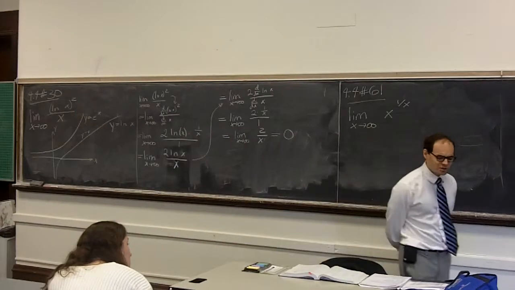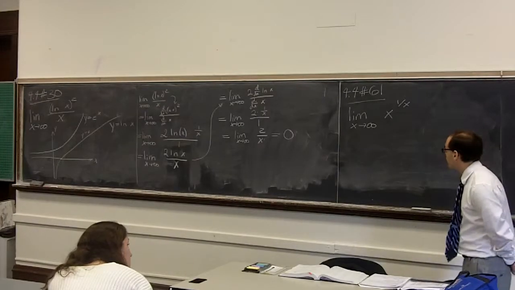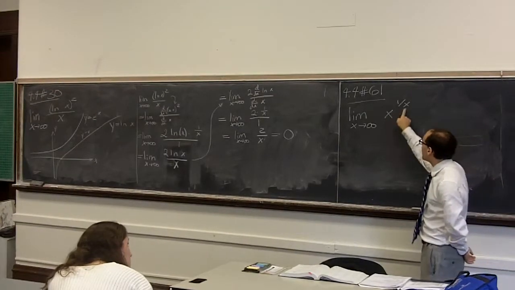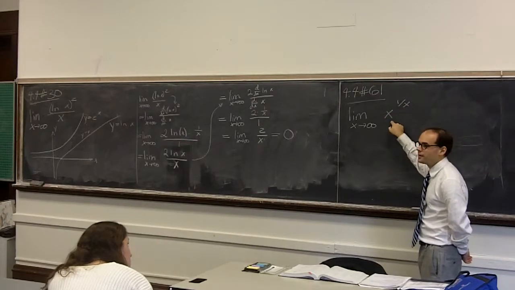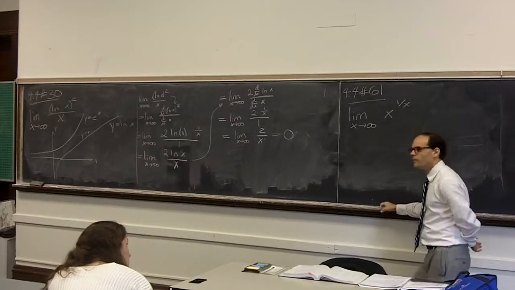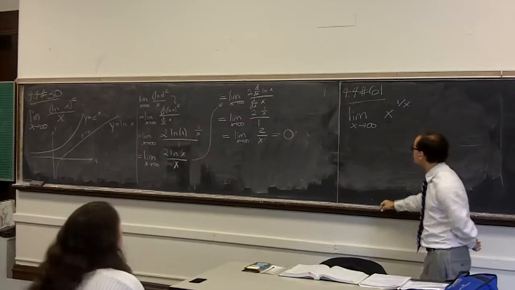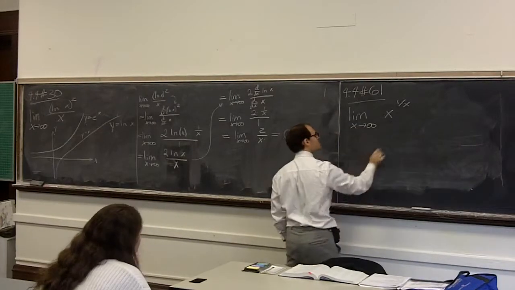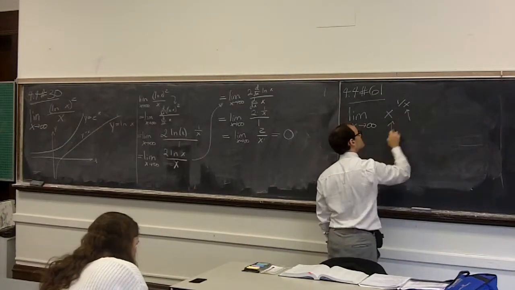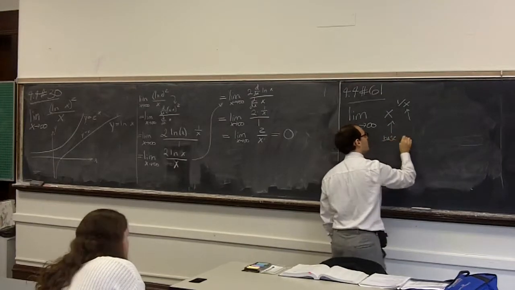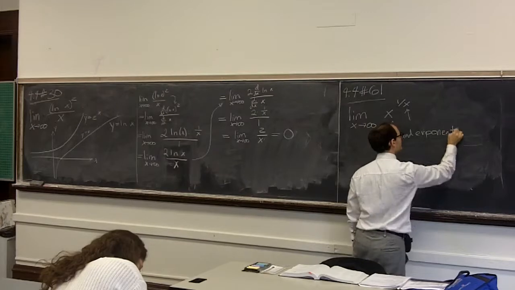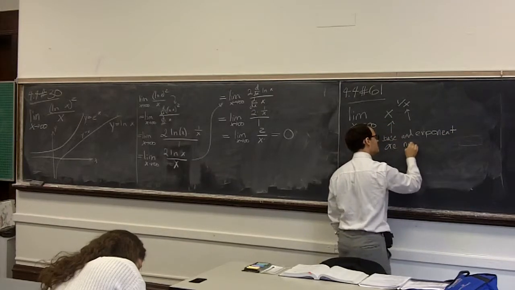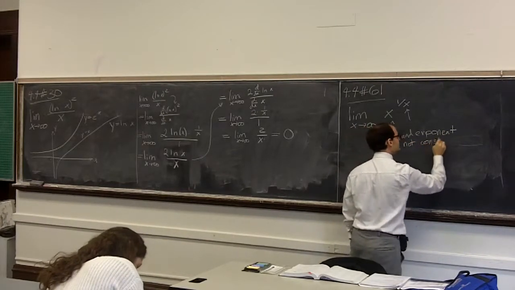Now, this is very similar to one of the sort of problems we looked at a little while ago, where the base and the exponent are both functions of x that are not constant. What do we do then? Natural logs. Yeah, the solution to this problem is natural logs. So the thing to notice is the base and the exponent are not constant.